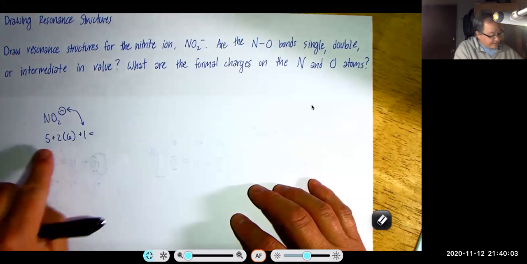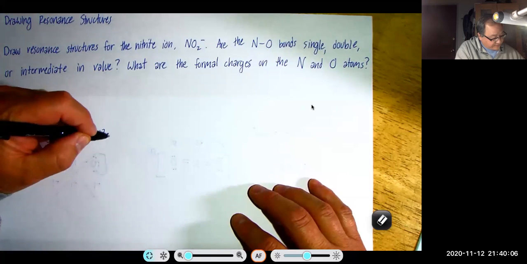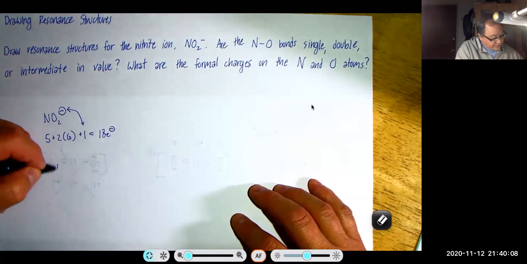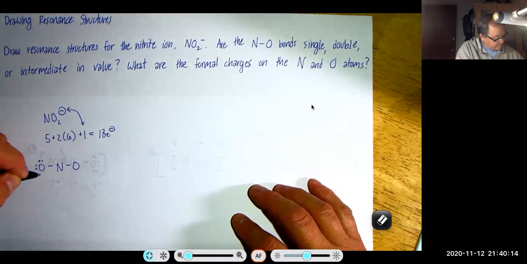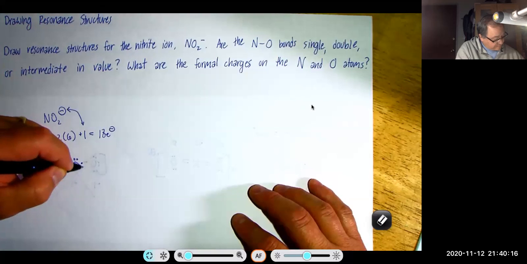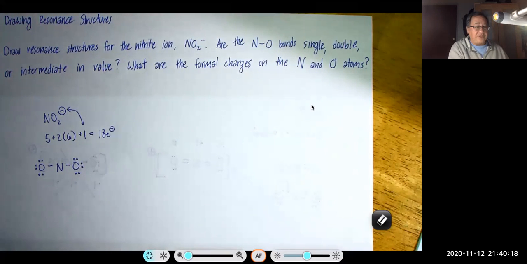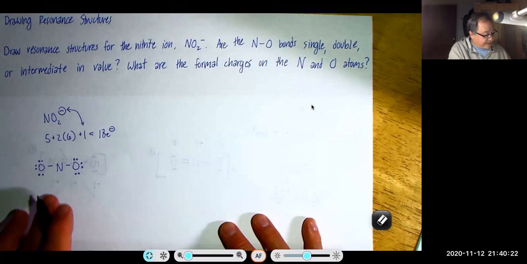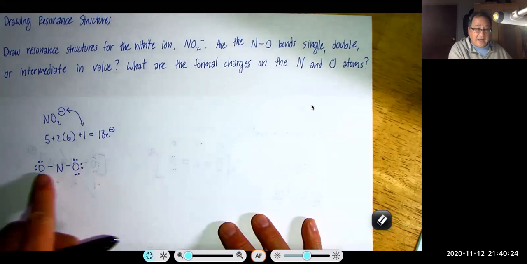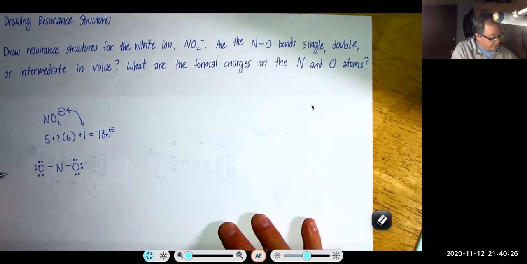So we're looking at 18 electrons. So put the nitrogen in the middle, oxygen's flanking. So there we go. We've used 18 valence electrons, 16, 8 on that oxygen, 8 on that for 16. We have 2 more, so there we go.